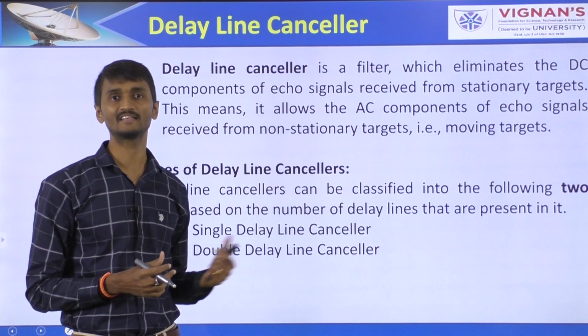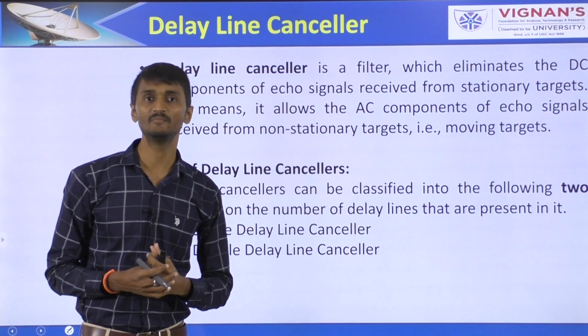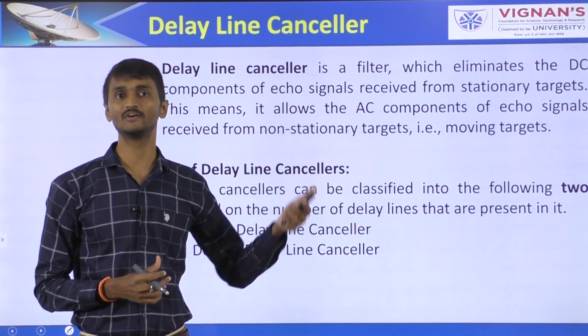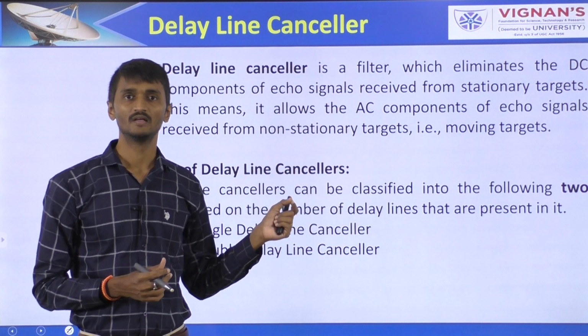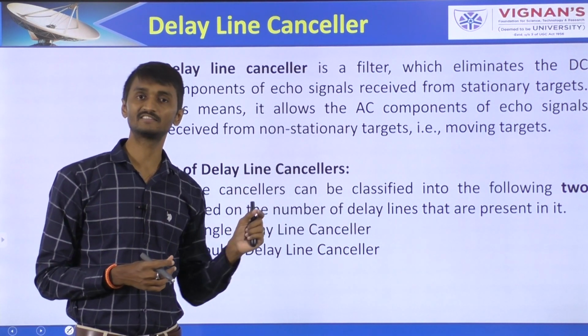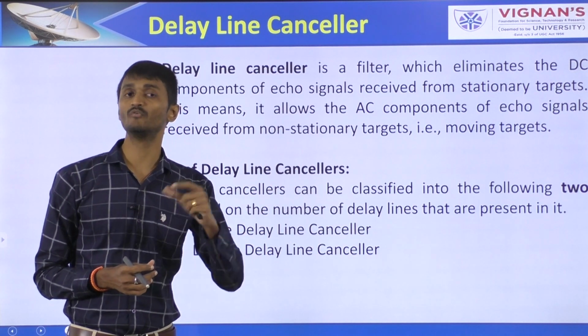So the delay line canceller is a filter which eliminates the DC components of echo signals received from stationary targets. This means it allows the AC components of echo signals received from non-stationary targets, that is, moving targets.